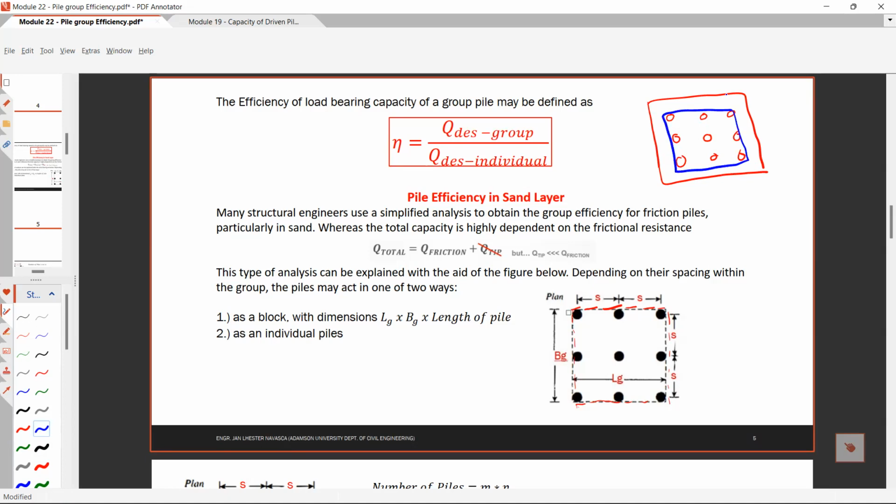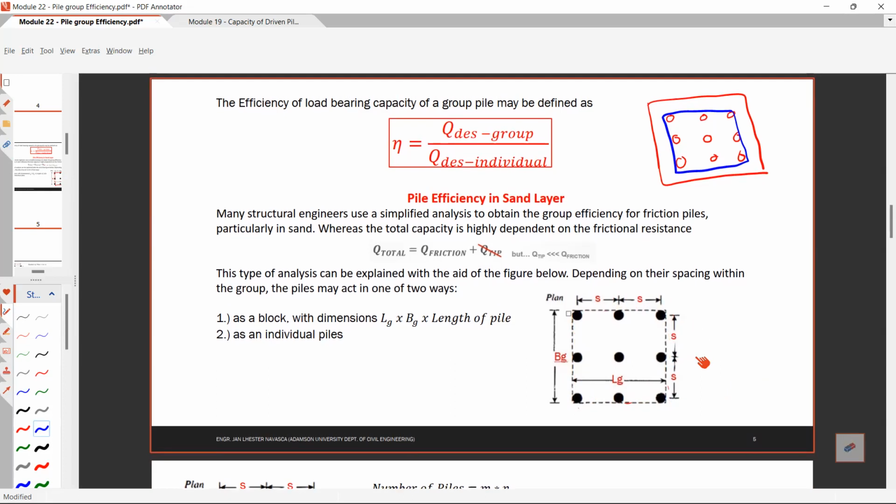That is the only effective area for piles acting as a group. So we denote the length as L sub G, and the width as B sub G. And the center to center spacing of the piles is S. Therefore, yung block dimensions is basically LG times BG times the length of pile. That is the total block.